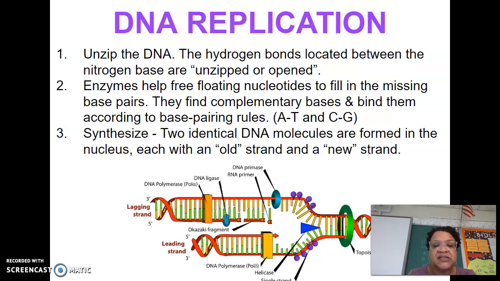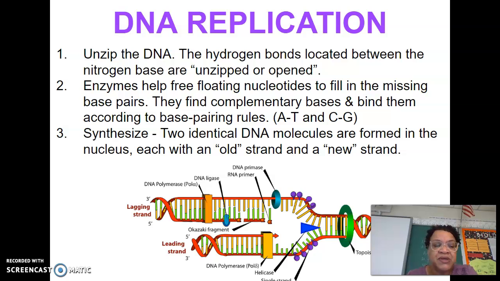DNA polymerase, that's a term that you'll be responsible for. The enzyme DNA polymerase helps to find that complementary base according to the base pairing rules. Of course, I'm simplifying it, but you do need to know whatever we discuss in this video.